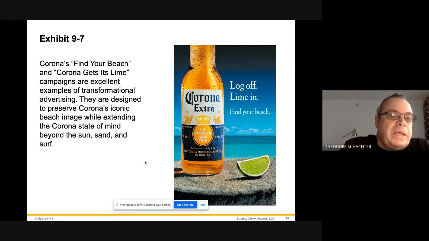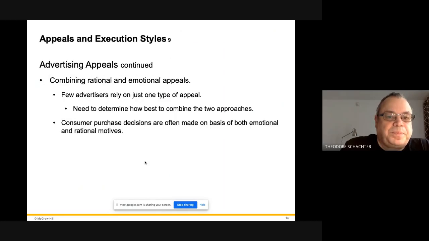So when we buy a Corona beer, if you're over 21, we buy it and we feel good. And well, we know we're not at the beach. We know we're in a happy hour place after work, but we still associate it with the beach. The power of the human mind to associate and transform is what transformational advertising is based on. And this is an example of that.